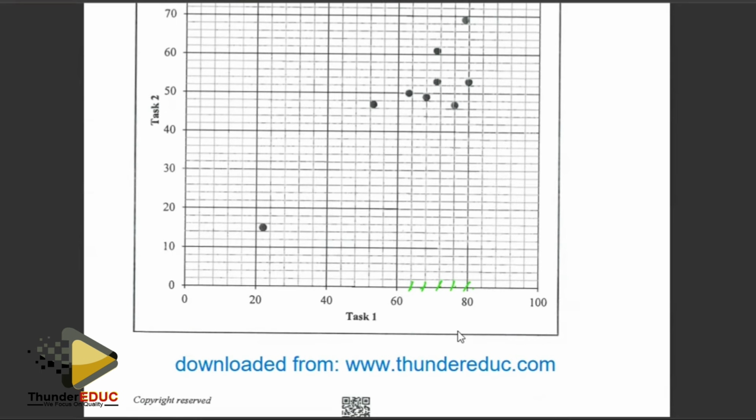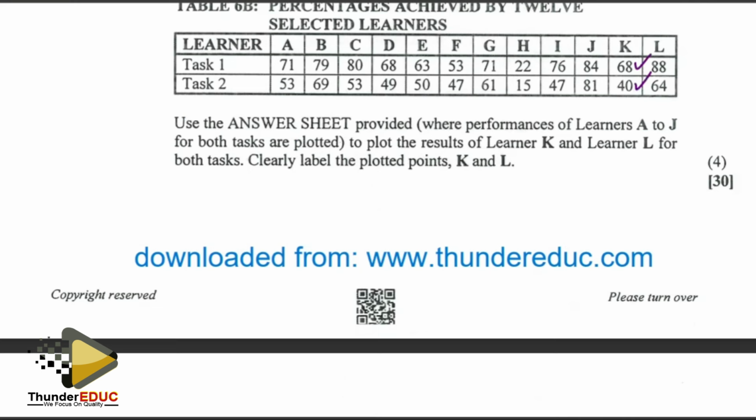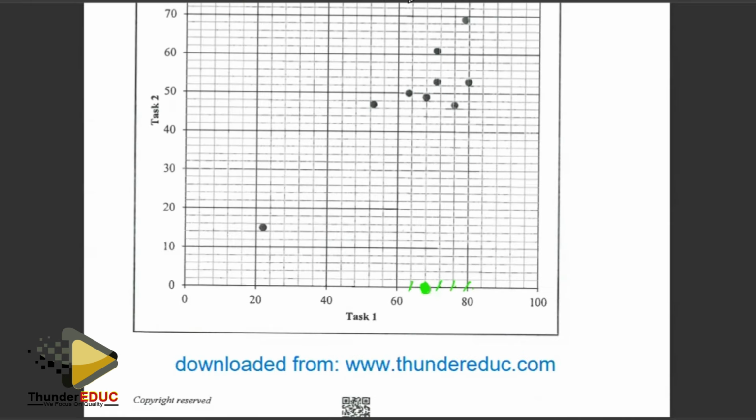So each line here represents 4, but we are plotting 68. That means this line here plots against 68, plots against 40. We come here. Where does this line touch? So this is the first point.